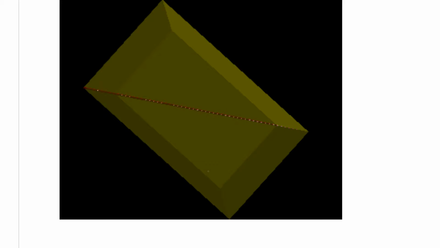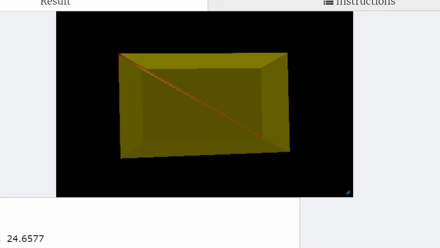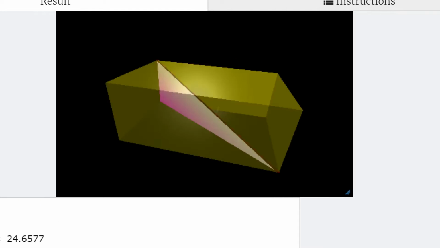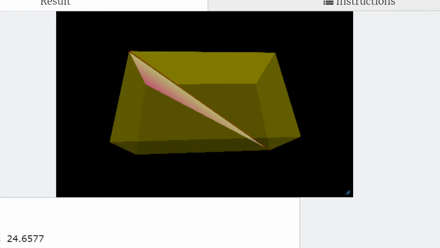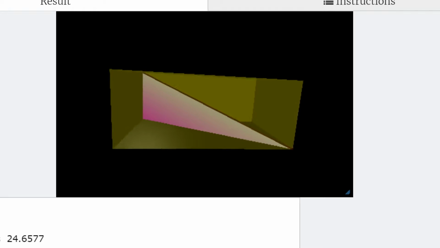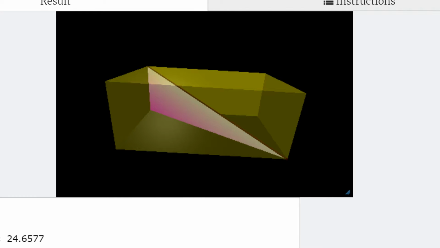Whenever we're trying to find a body diagonal, now a body diagonal is that orange line that goes from the top of the rectangular prism to the bottom of the other side of that rectangular prism. That's called a body diagonal. Any time a body diagonal is used in a question, we'll need to use two right angle triangles.